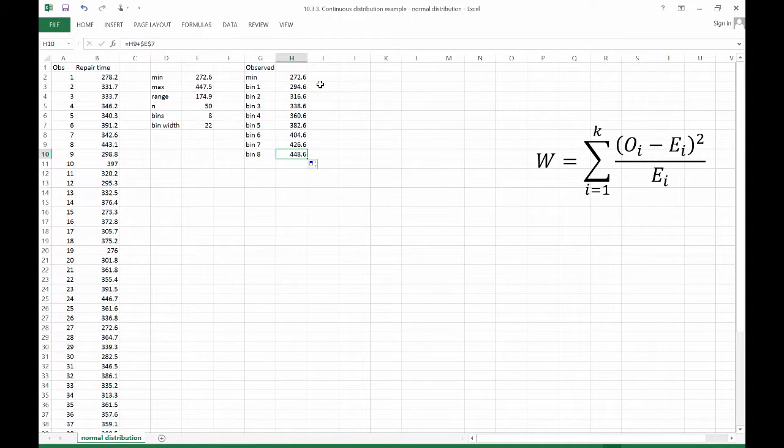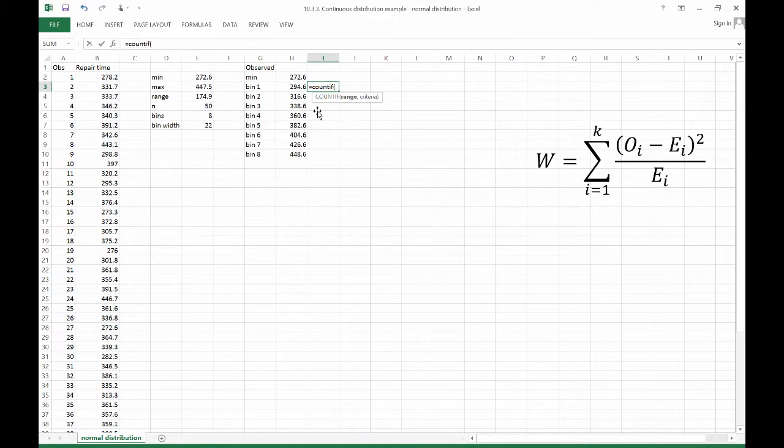So now what we want to do is find how many observations fall between 272.6 and 294.6, inclusive of 294.6. So let's do that. We're going to use the COUNTIF function here.